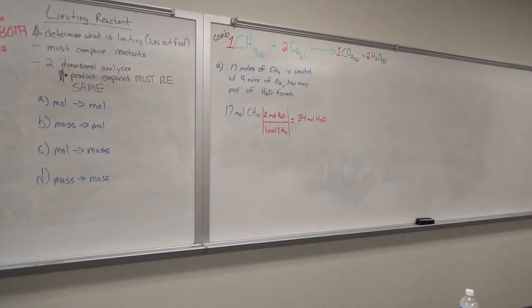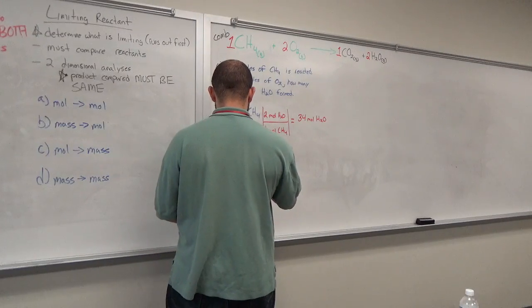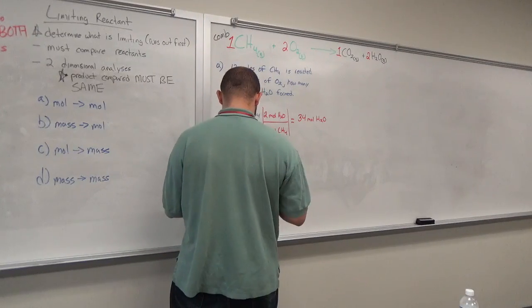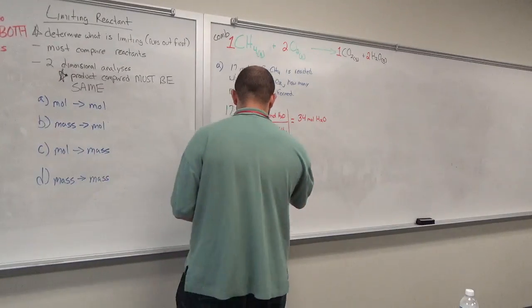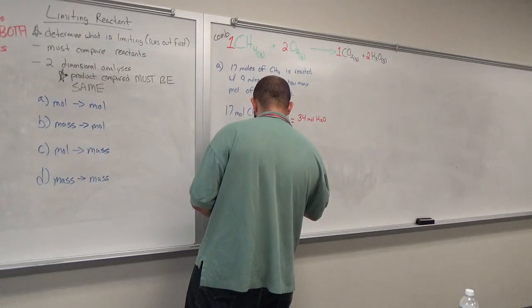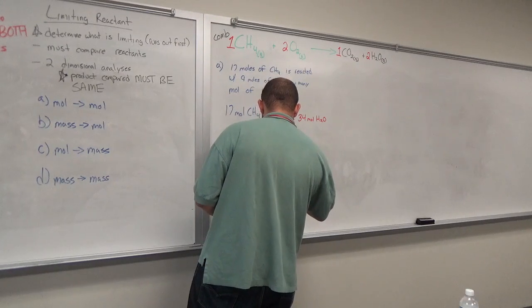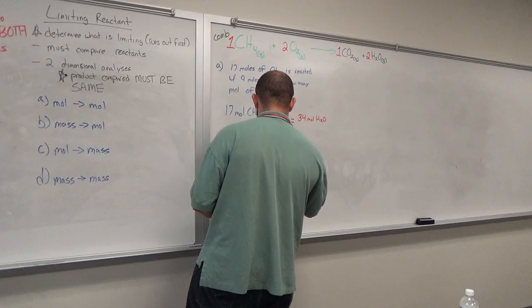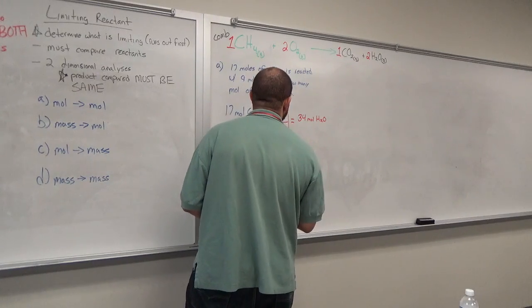All right. We now need to do the exact same calculation using 9 moles of oxygen, using mole-to-mole conversion. And in this case, we get 2 moles of water for every 2 moles of O2.